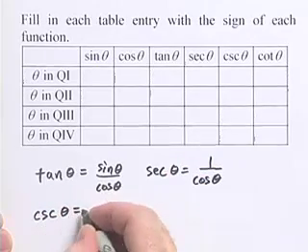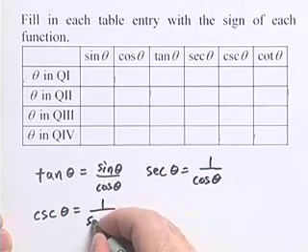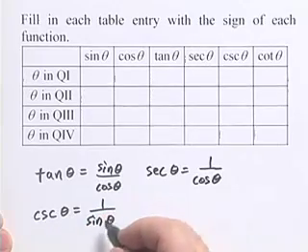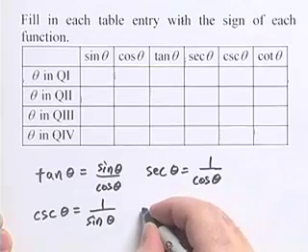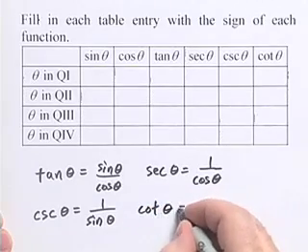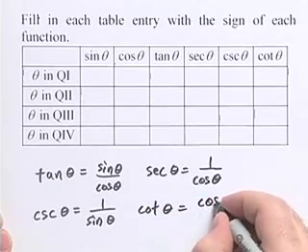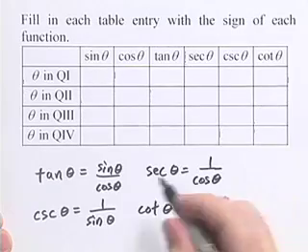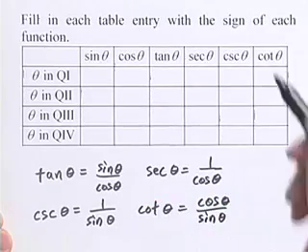Cosecant of theta is equal to 1 over sine theta. So it's going to have the same sign as the sine trig function. And then cotangent of theta is equal to cosine of theta over sine theta. It's going to have the same value then as the tangent.